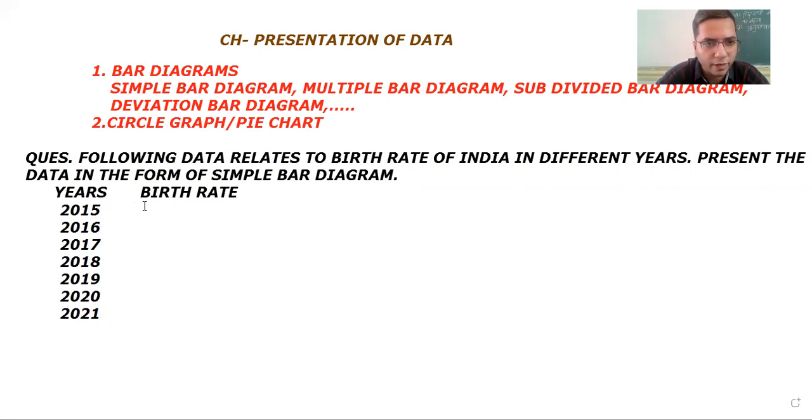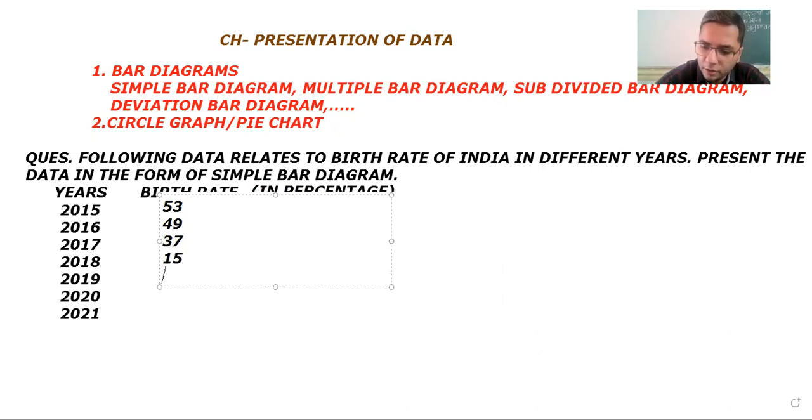And the birth rate, let's suppose, is given in percentage. I'll mention it here: birth rate in percentage. The birth rate is given to be 53, then 49, suppose 37, 15, 21, 28, and 35. This data is given to you.